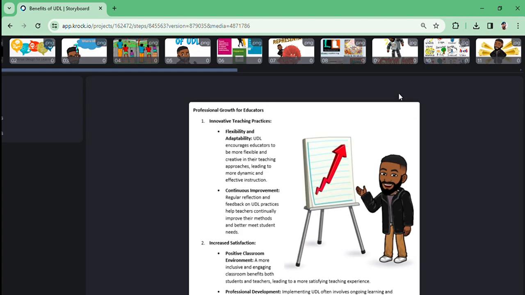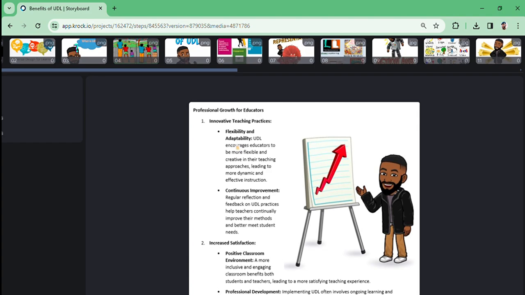Finally, as it relates to personal growth for educators, UDL ensures that we have an innovative teaching experience and teaching practice. So it ensures that we have flexibility and adaptability.